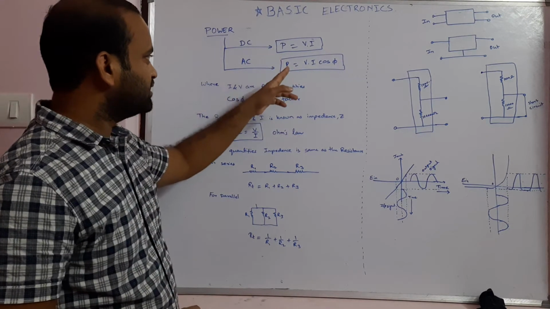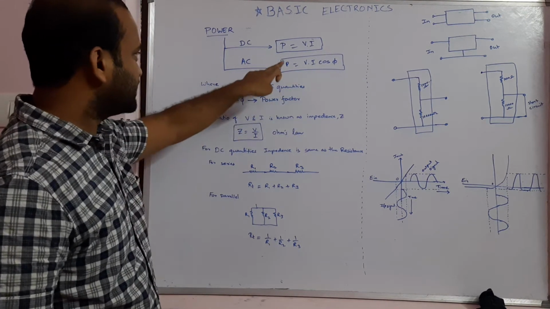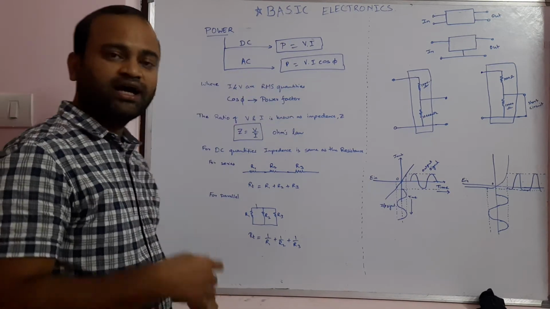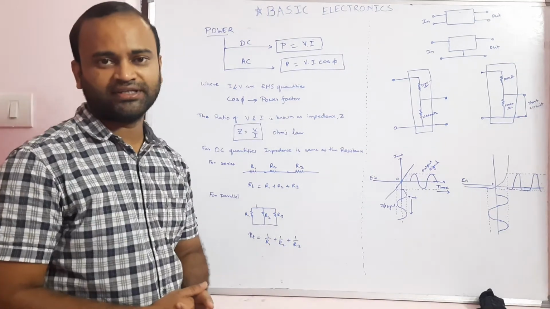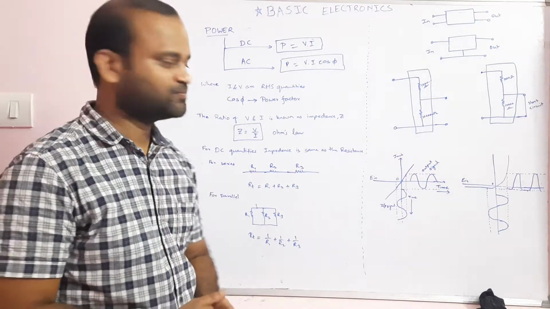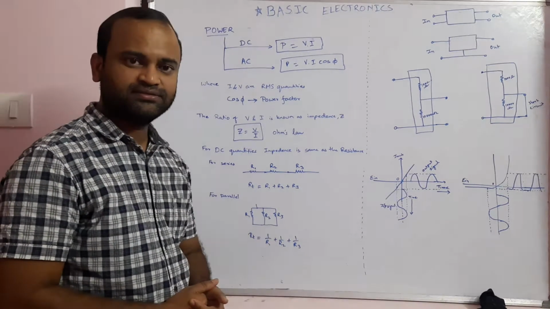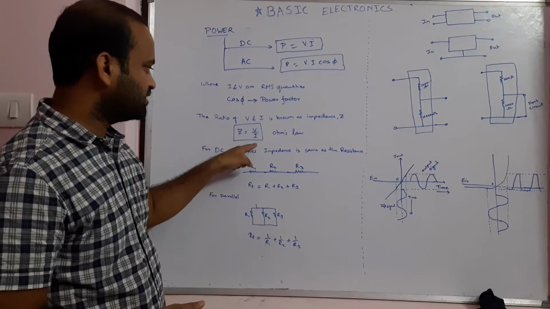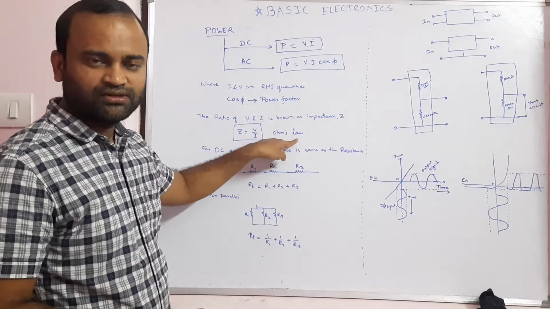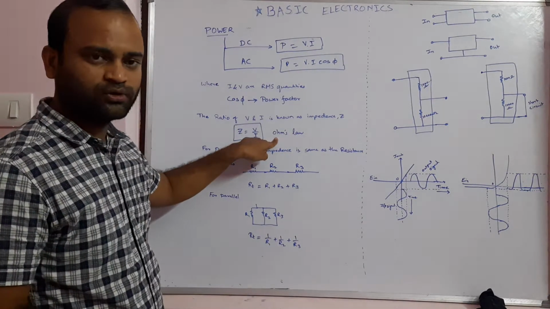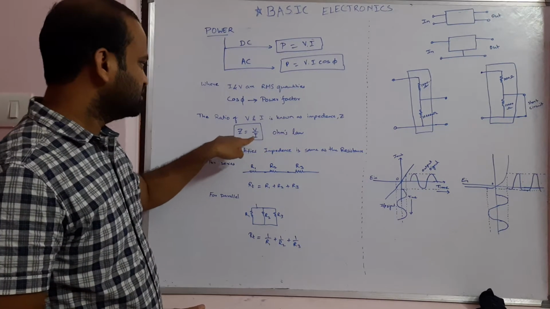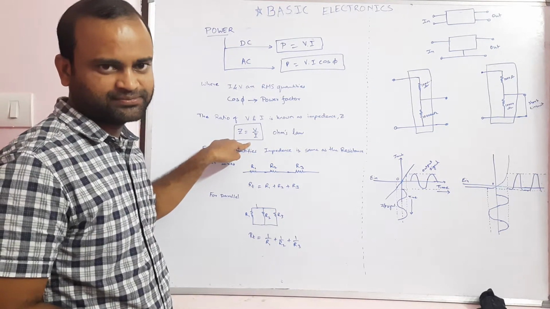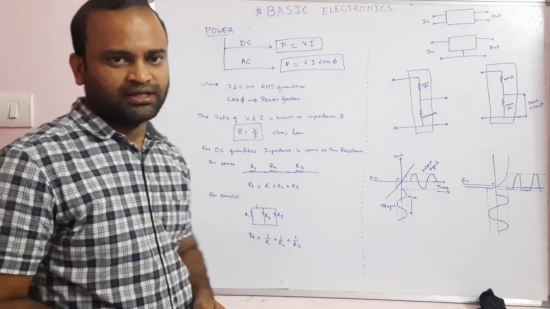Now if you see, the ratio of this voltage and current gives another important quantity in electrical design, that is impedance, known as Z, equal to V by I, Ohm's law. This is very popularly known as Ohm's law, that is the ratio of voltage and current within a circuit.